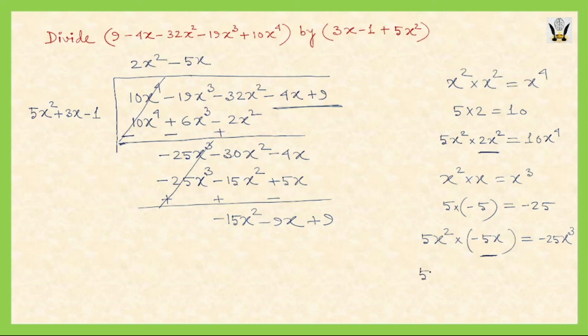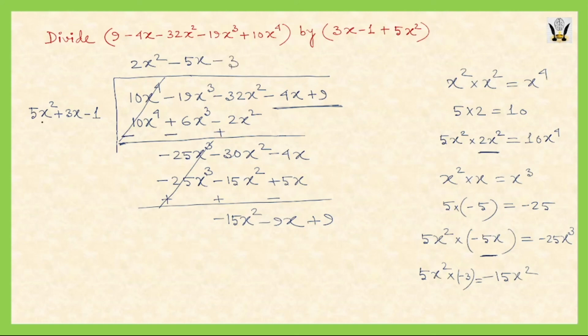So if we want to make 5x square as minus 15x square, then we have to multiply it by minus 3. So 5 and minus 3 make minus 15, and x square is on the right side also, so we don't have to multiply by any other variable. So the next term of the quotient will be minus 3.